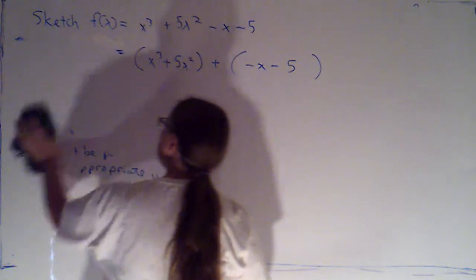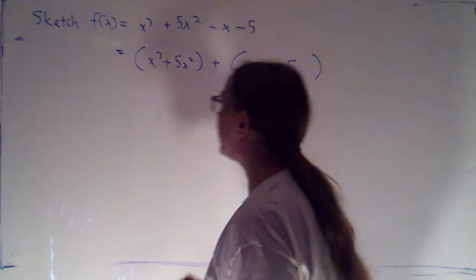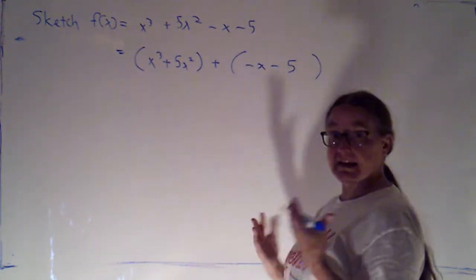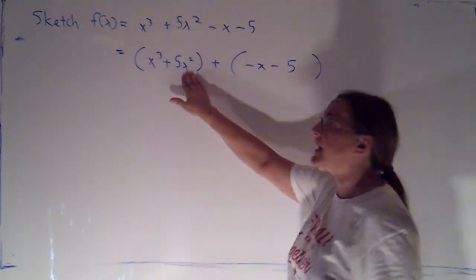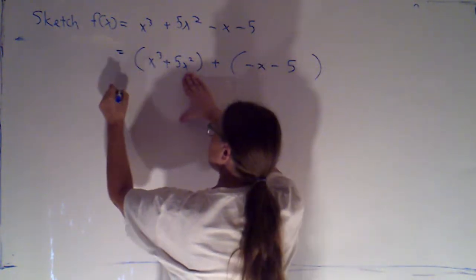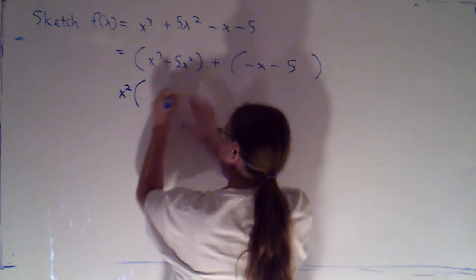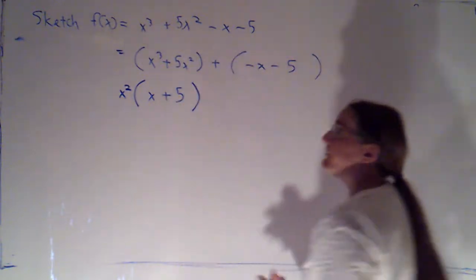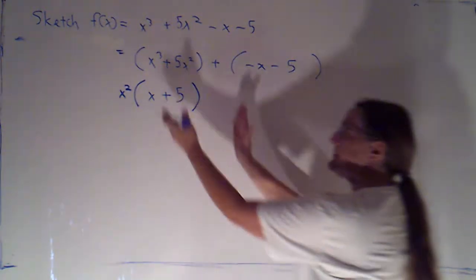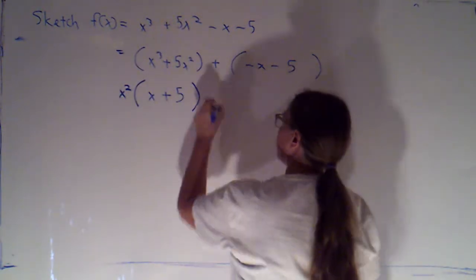Now what I'm going to do is within each pair, I'm going to see if there's anything that I can factor out. x cubed and 5x squared have a greatest common factor of x squared. And that's going to be multiplied by x plus 5. So that's my first pair in factored form.